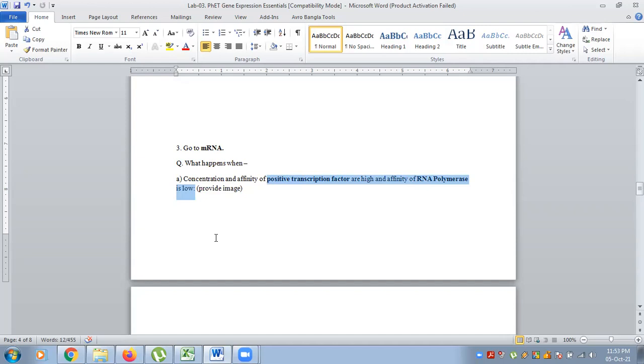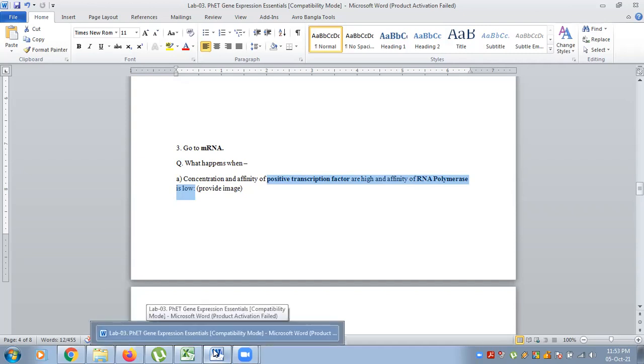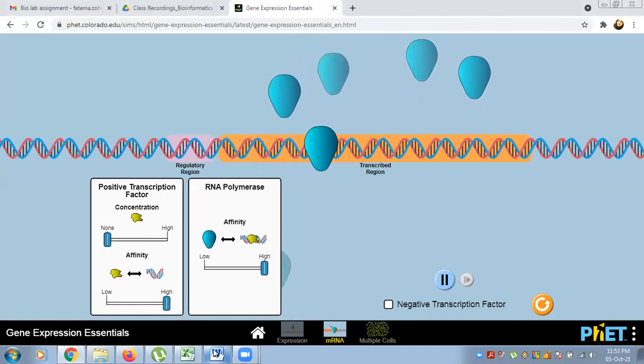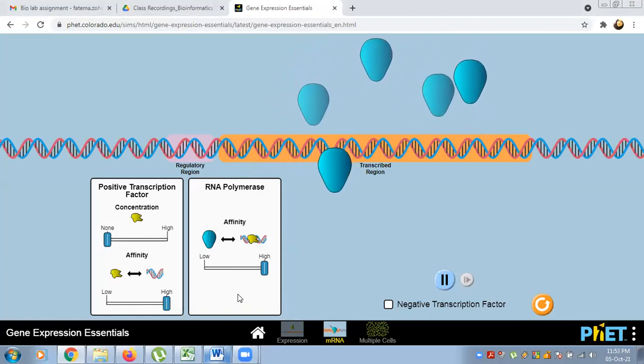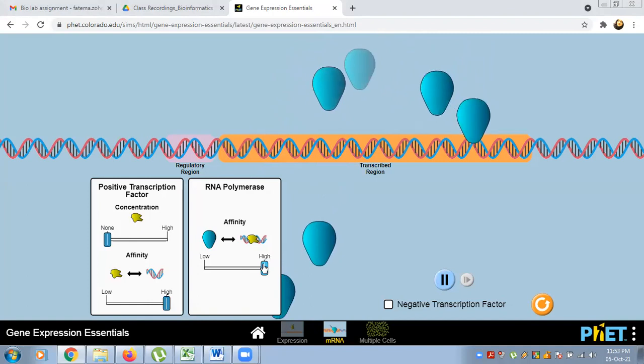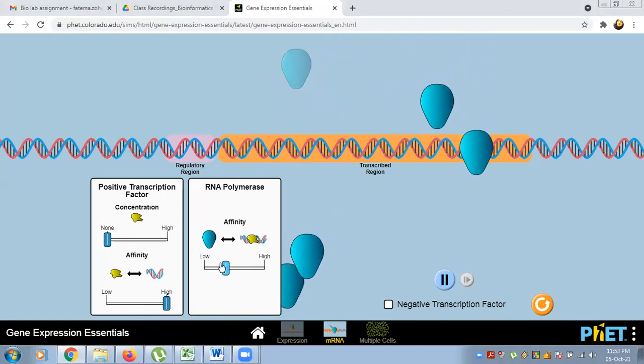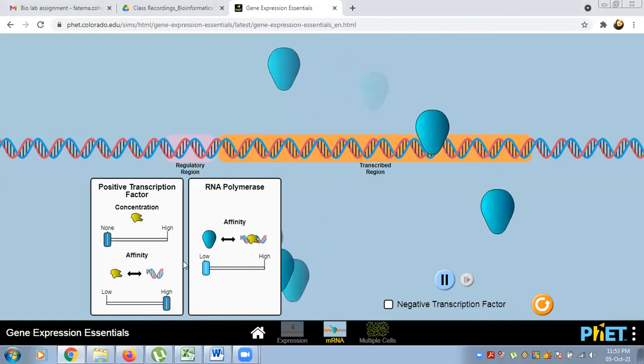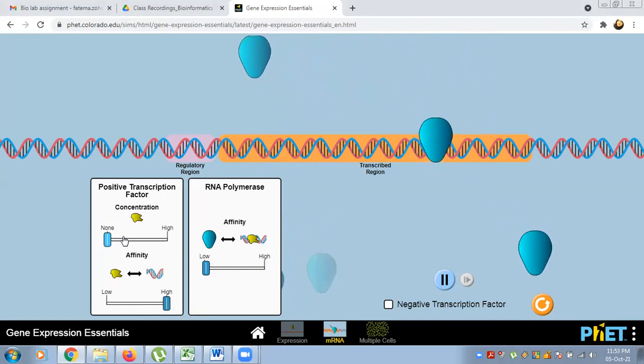That is for you to do. I'm not attaching any screenshot. So transcription factor is high, but RNA polymerase is low. So let's fix the RNA polymerase to low and positive transcription factor high.